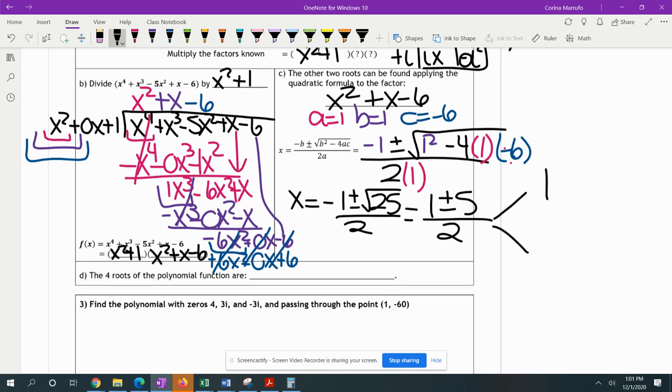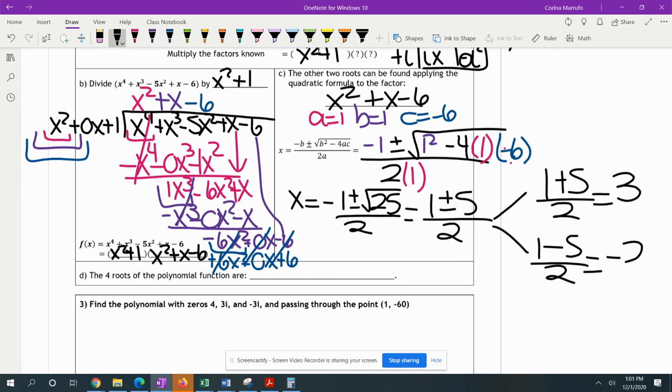So I'm just going to break it up. 1 plus 5 divided by 2. 1 minus 5 divided by 2. Okay, so 1 plus 5 is 6, and 6 divided by 2 gives you 3. 1 minus 5 is negative 4, divided by 2 gives you negative 2. Okay, so that means that the 4 roots of the polynomial are negative i, positive i, 3, and negative 2.